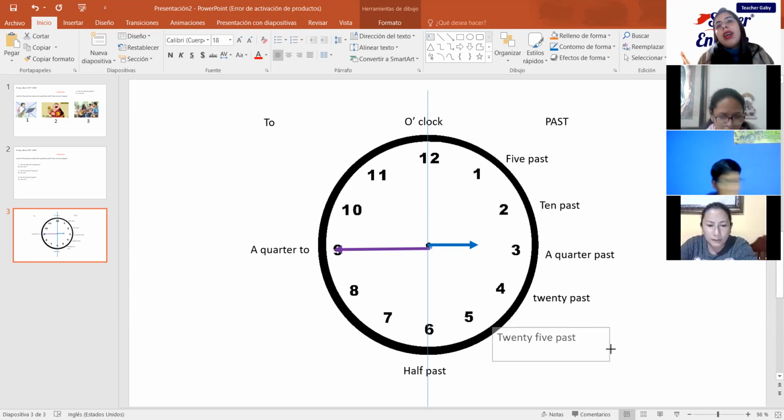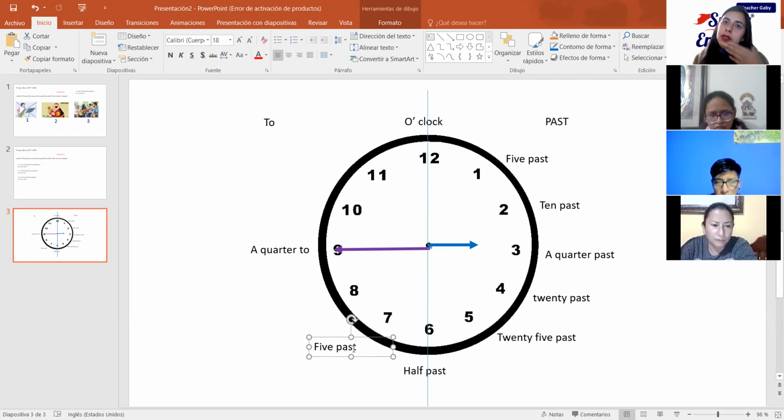Ahora vamos a contar del otro lado los minutos que me hacen falta para la siguiente hora. Entonces, si estoy aquí, ¿cuántos minutos me faltan para llegar a la siguiente hora? 25. 25 mismo, ajá. Very good. 25, pero ya no digo past, sino to. Yes, 25 to.